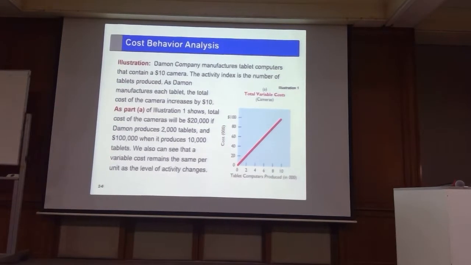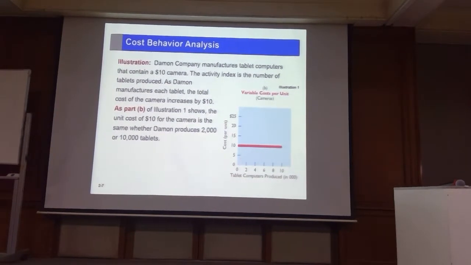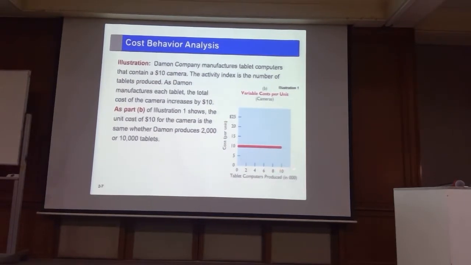And how about the variable cost per unit? Let's look at the variable cost per computer. Similarly to the previous graph, on your X is the number of tablets produced, and on the Y here is the cost per unit.